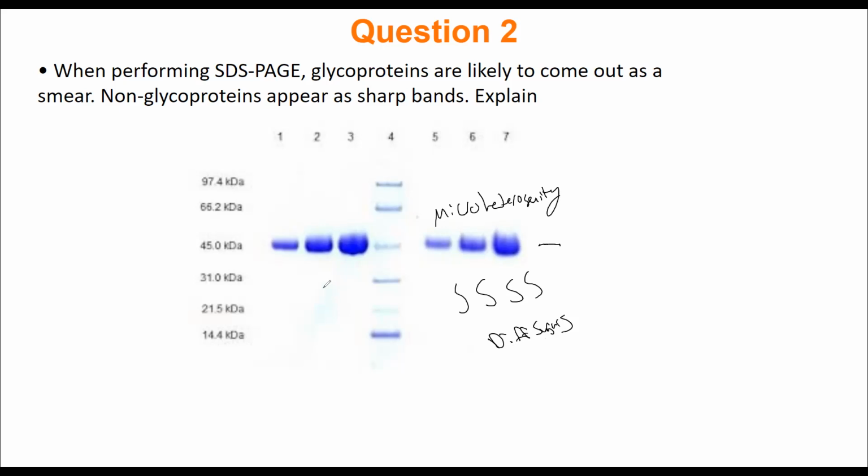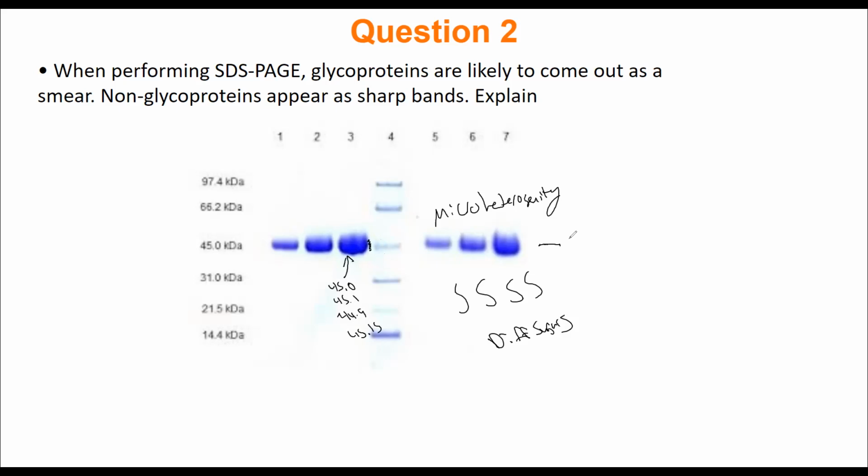Remember, SDS-PAGE separates on weight. So, for example, if we look at this band, maybe you have some copies that are exactly 45, some that are 45.1, some that are 44.9, some that are 45.15, on and on, because they all have slightly different sugars, which means you're going to get a lot of markings all in the same area, leading to that smear-like appearance.